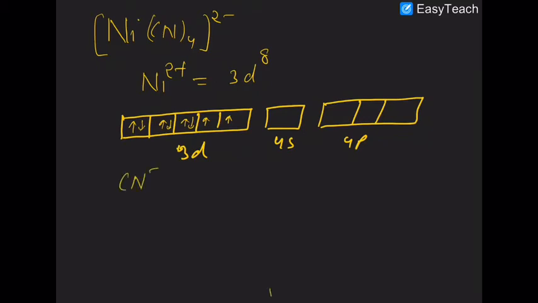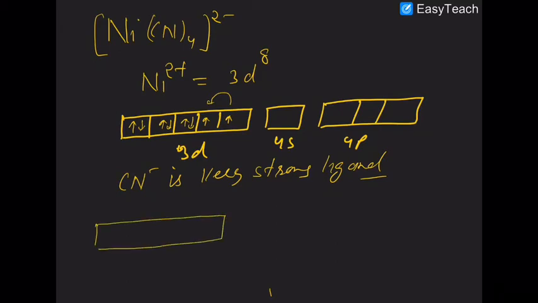Now CN is a very strong ligand. If CN is a very strong ligand, it will cause pairing of electrons. So here pairing of the electrons happens. That is 1, 2, 3, 4, 5, 6, 7 and 8.